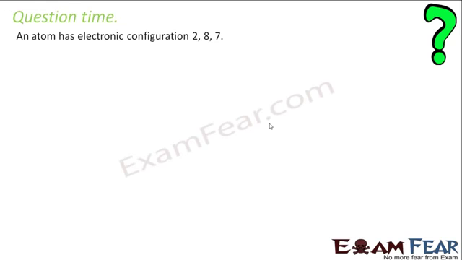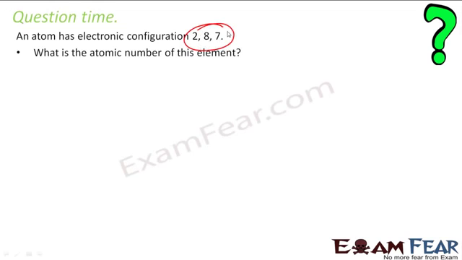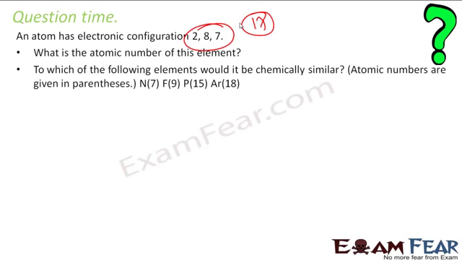An atom has the electronic configuration of 2, 8, 7. What is the atomic number? So for the atomic number, you add all these values, so you get 17. So 17 is my atomic number. To which of the following elements would it be chemically similar? The first guy is N 7, right? So this becomes 2, 5. For this the electronic configuration will be 2, 7.